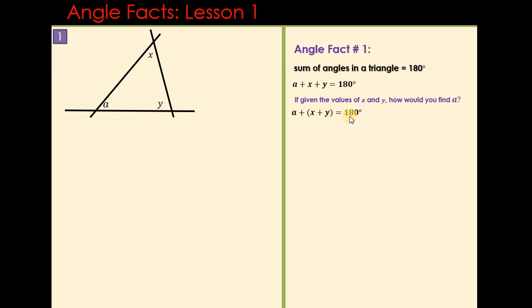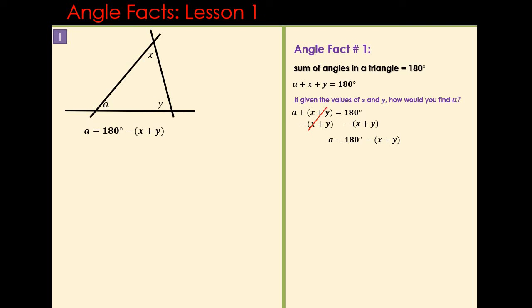In other words, we're going to take the sum of these two angles away from 180 degrees to give us what A is. So we subtract whatever that sum is from both sides, and that will leave us with A is equal to 180 degrees minus whatever the sum of X and Y is.